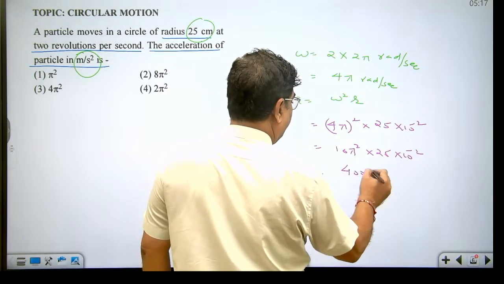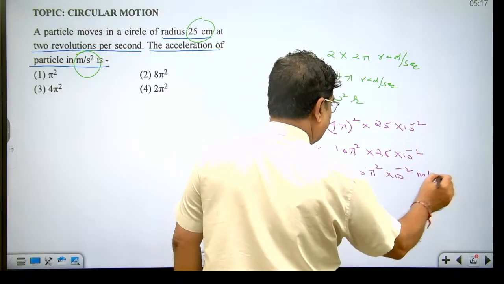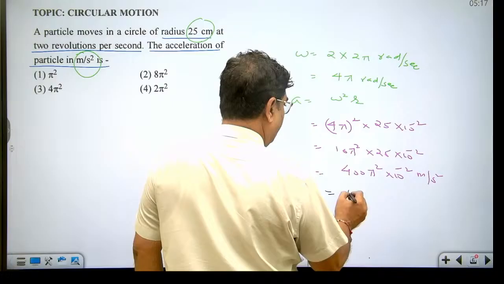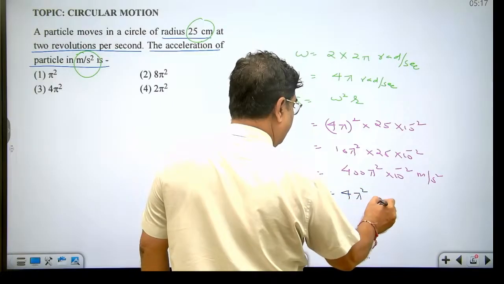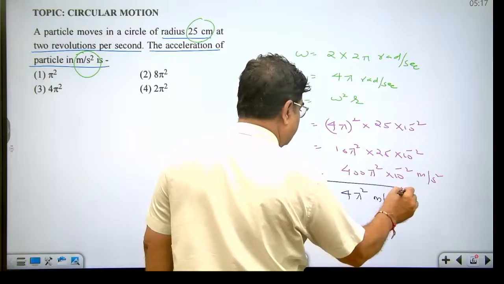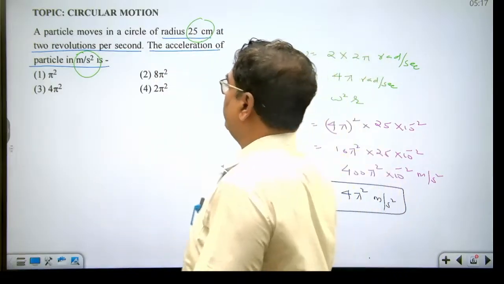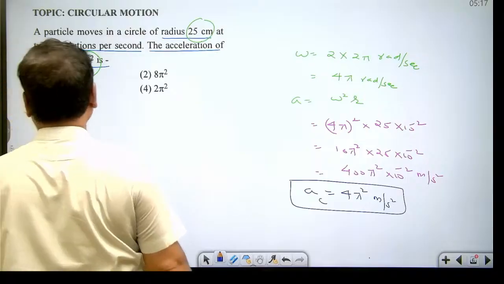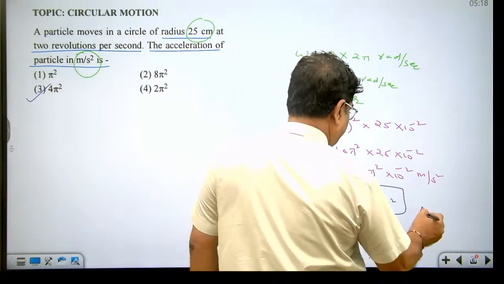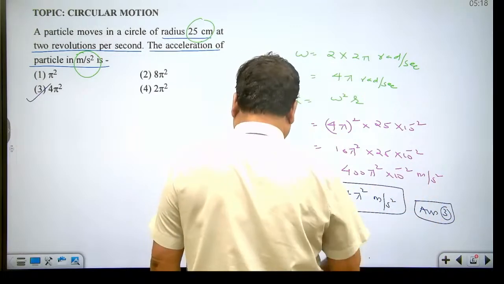This is 400 pi square into 10 power minus 2 meter per second square. This will give us 4 pi square meter per second square. This is the acceleration and this is only centripetal acceleration. So answer is 4 pi square. Out of 4 options, the correct answer is option 3. Option 3 is the correct answer.